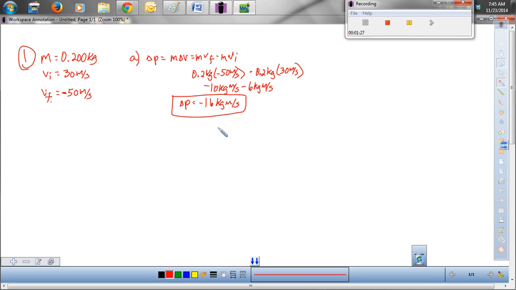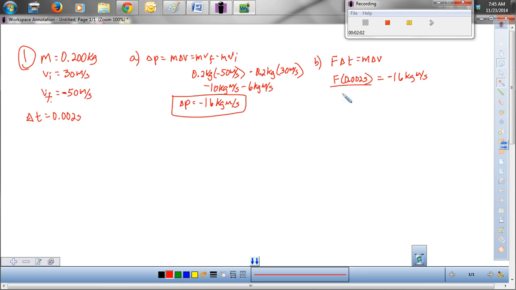Okay, then it says if the ball remains in contact with the bat for 0.002 seconds, find the force of the blow. So F delta T equals m delta V. Delta T was 0.002 seconds, and the change in momentum we said was negative 16.